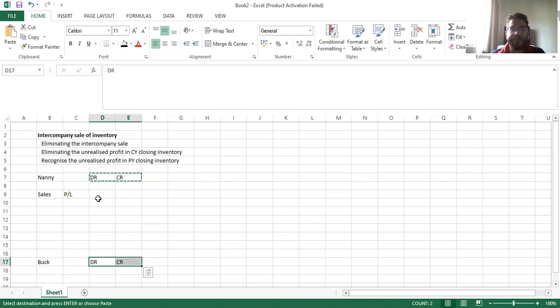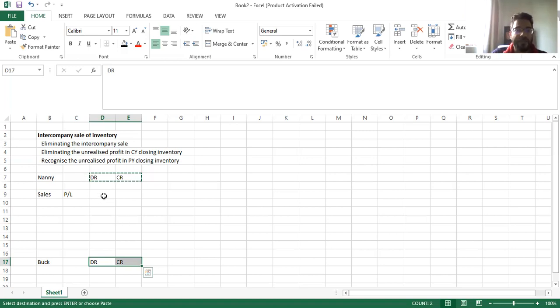The full intercompany transaction would be considered intercompany, and the group does not want any intercompany transaction.